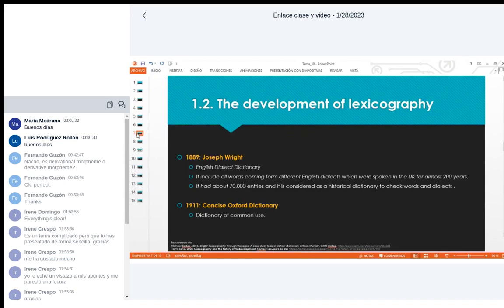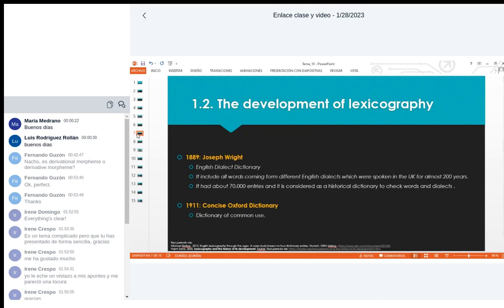And also we have the Lingui webpage, which basically gives us different definitions or different translations of the word, and we can understand the use of the word in different contexts. So the craft of making dictionaries has completely changed over the years and over the centuries.